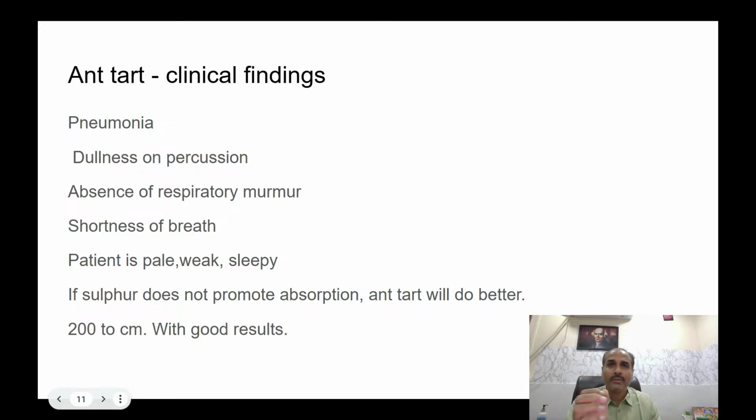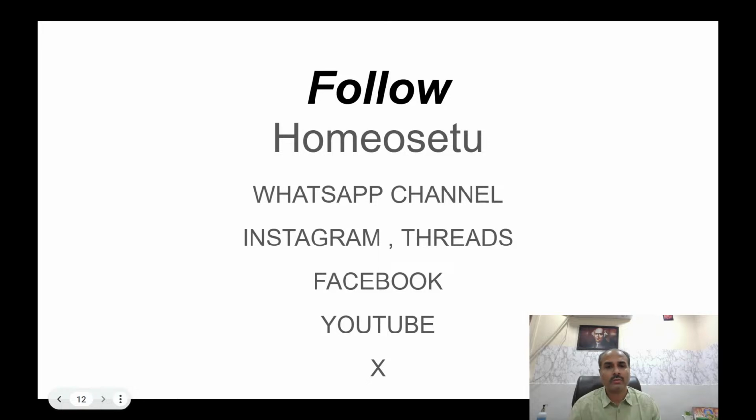So that is the beauty of Leaders in Homeopathic Therapeutics by Dr. Nash. 2 or 3 lines of explanation, that is what you will be clinically seeing. Dr. Nash has used Antimonium tartaricum, this is the final statement from him, from 200 to the CM potency, and with really good results. So you can employ it and also find it useful.